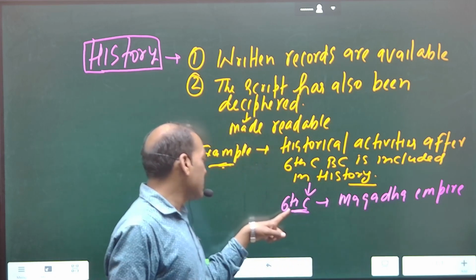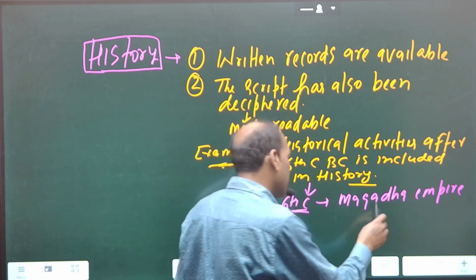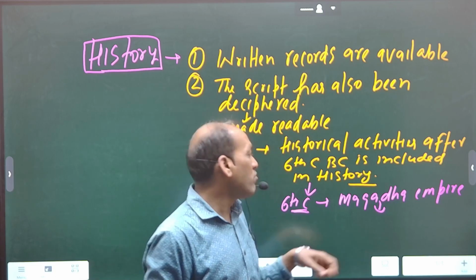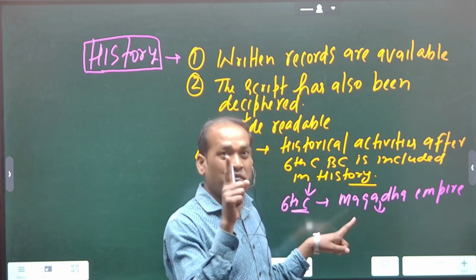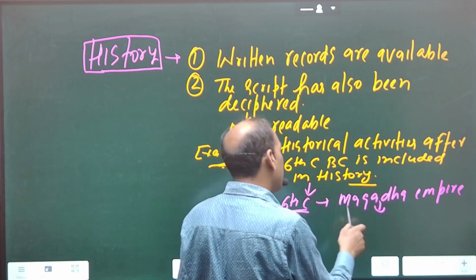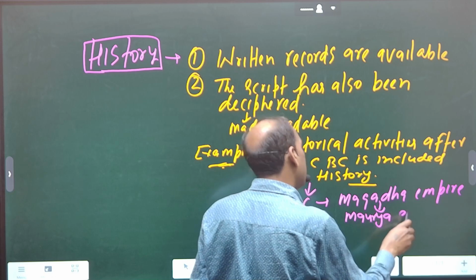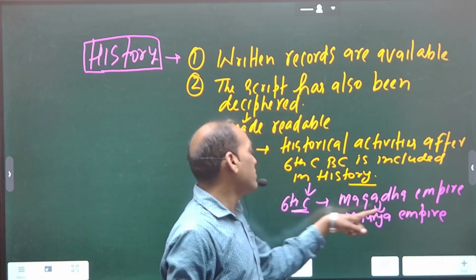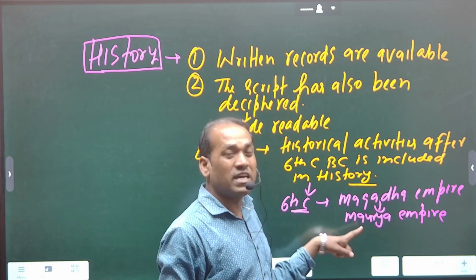Okay, so in 6th century BC Magadha Empire started, and after this Magadha Empire, Maurya Empire started. Okay, so Maurya Empire was built by Chandragupta Maurya, the first king of this Maurya Empire. After this Magadha Empire, the next empire, Maurya Empire, started.